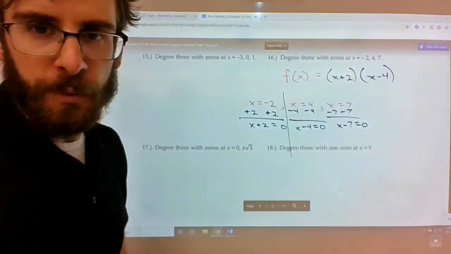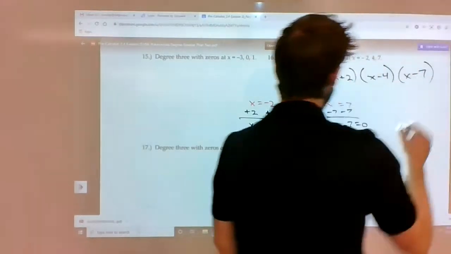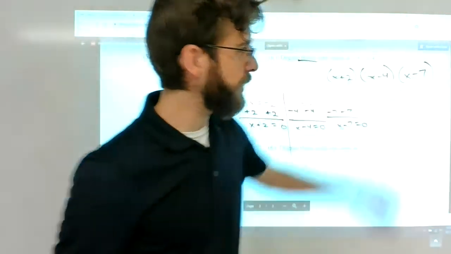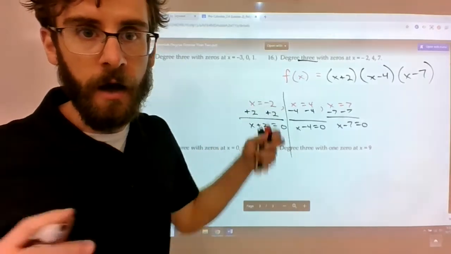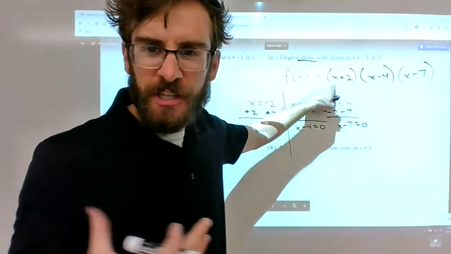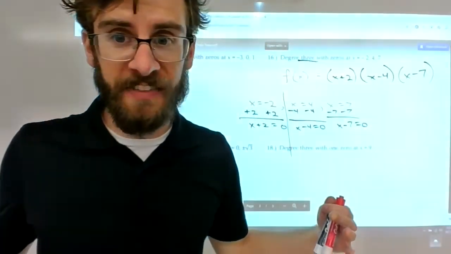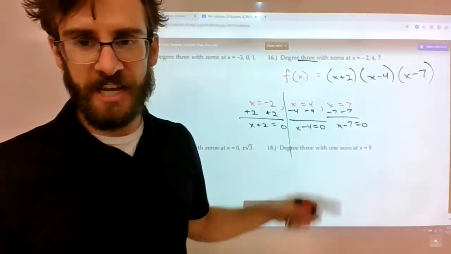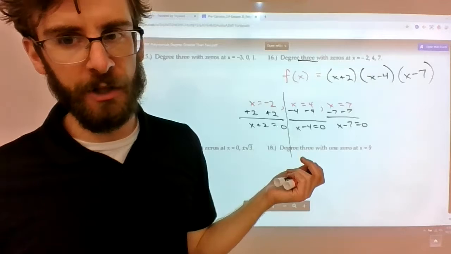So we need a polynomial with degree 3 and these 3 zeros. If I were to expand that out, I'm not going to right now, it's going to eventually be x times x times x when you expand the whole thing, and that's x cubed. So we satisfied both the degree and the zeros. We've got a polynomial function.